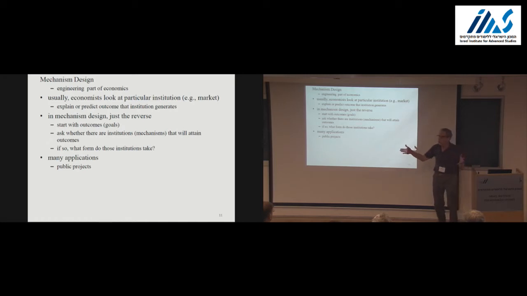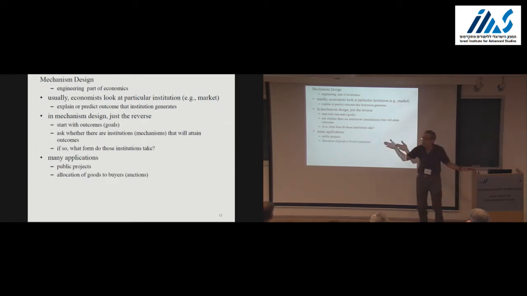There are many, many applications. If we're a community and we're deciding whether we're going to build a bridge to connect us to the next community, a public project like that might be decided according to a mechanism. If we're allocating goods to buyers through an auction or some other institution, that's a mechanism. If we're trying to regulate carbon dioxide emissions, the Kyoto Protocol or the Paris Accords, that's a mechanism.